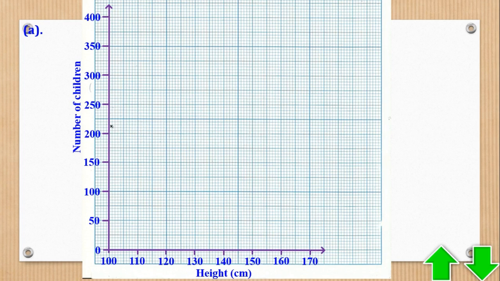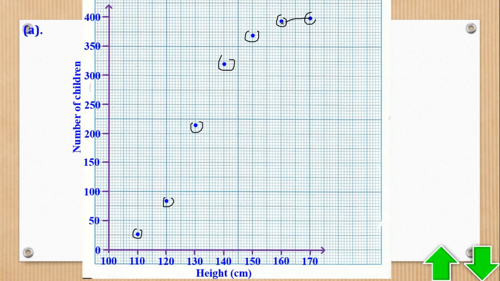Then from there you can now start plotting cumulative frequency against upper class boundary. So for 110 is that, 120 is that, 130 is that, 140 is that, 150, 160, and 170.